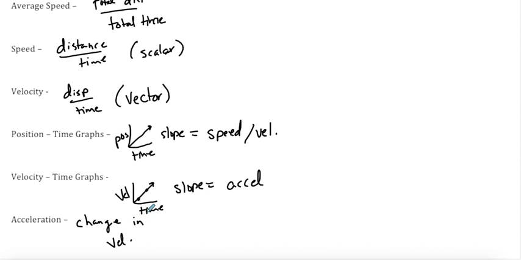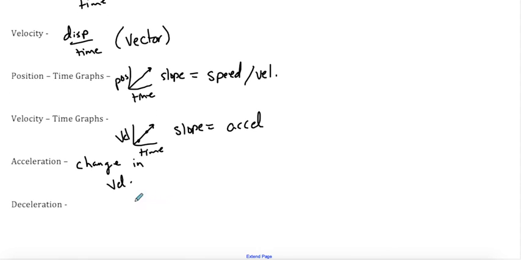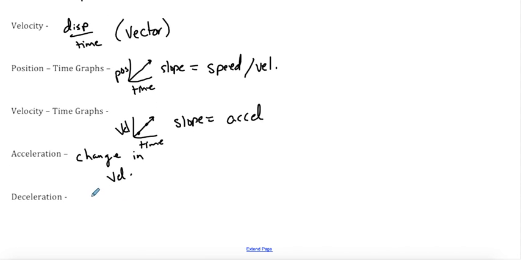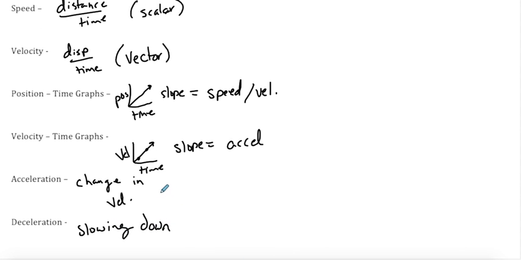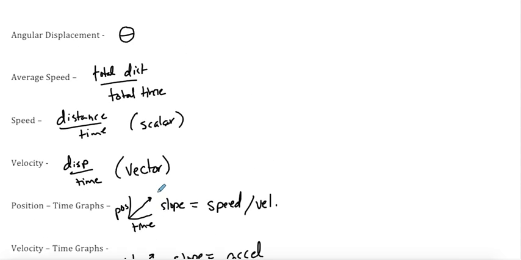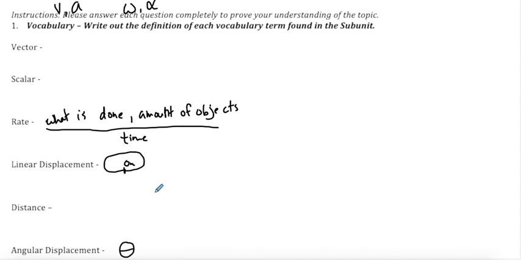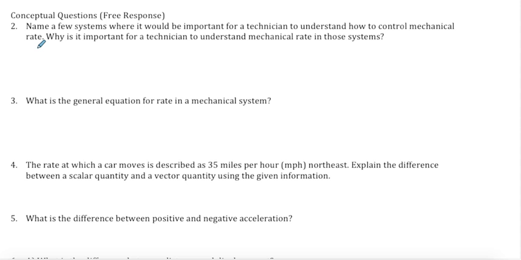Okay, so these are pretty quick definitions for these words here. Make sure that you are complete with your answers. And deceleration would be a change in velocity. This would be a negative change in velocity, so this would be slowing down. So these are pretty small snapshots of what these words are, so make sure that you look them up completely.